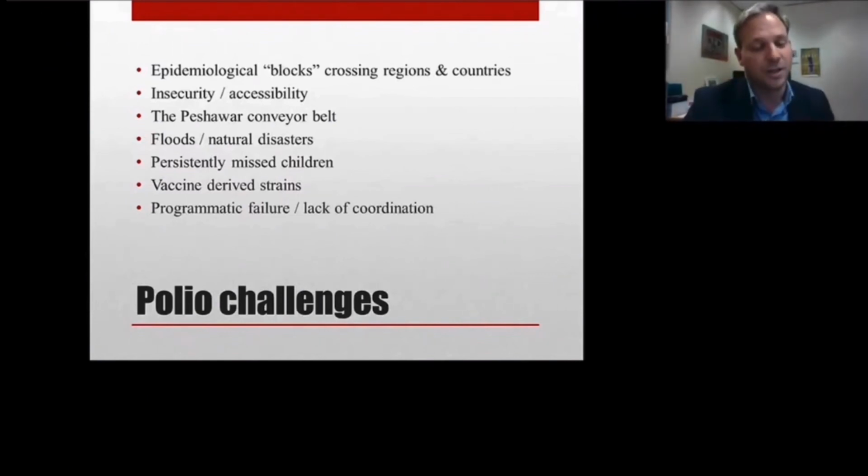There is a technical challenge for polio, that vaccine-derived strains. When you're using the oral polio vaccine, it can mutate and become a form that can then circulate in the environment and mutate back to a virulent form that causes polio in other kids. So Australia doesn't have that issue.